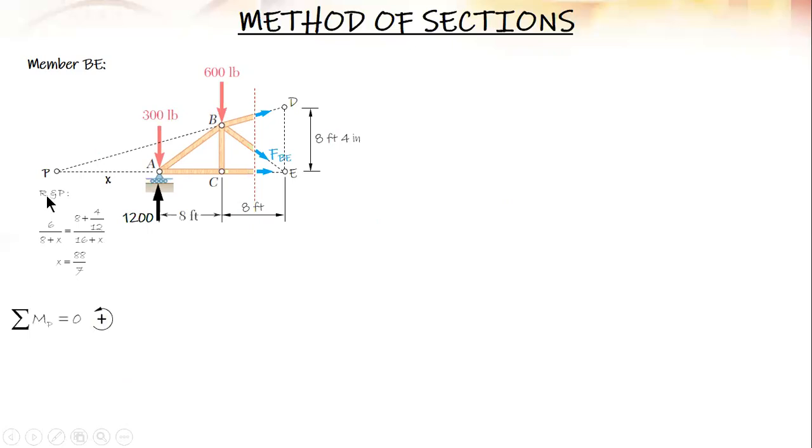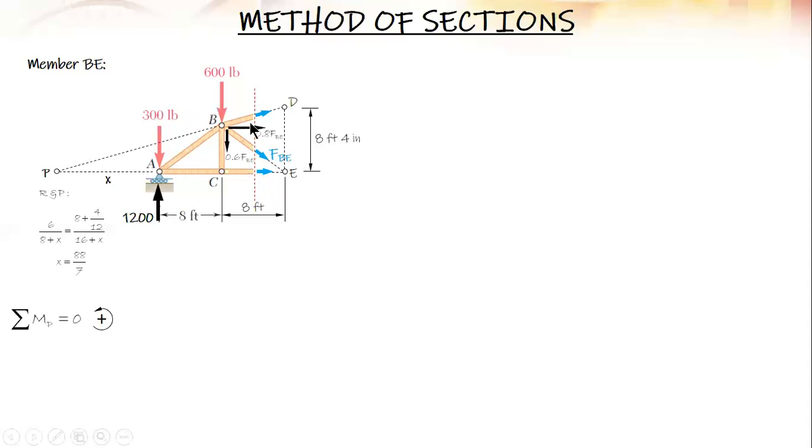Now we can sum up moments at P. Get the components of this force so that you will not get confused with the distances. Since the slope is 3:4, the hypotenuse would be 5, so this component will be 3 over 5 or 0.6, and this one 4 over 5, or 0.8. Summation of moments at P, we have 5 forces.